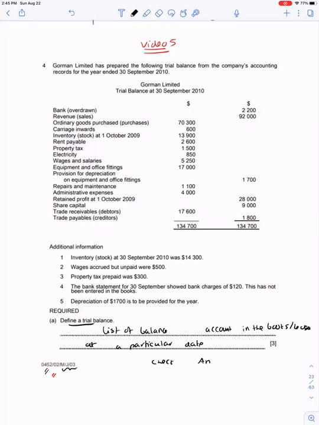Because it is 3 marks, you need to write minimum 3 points.